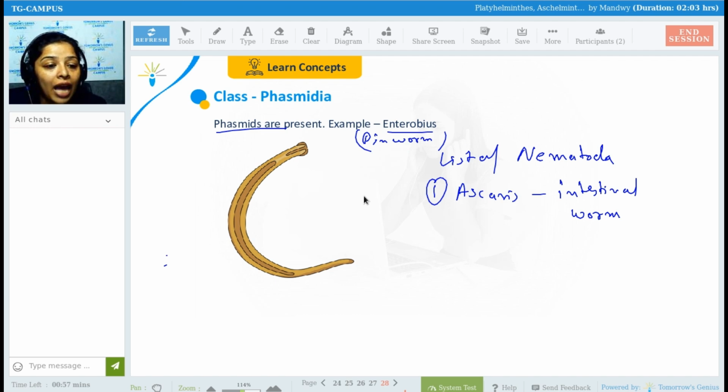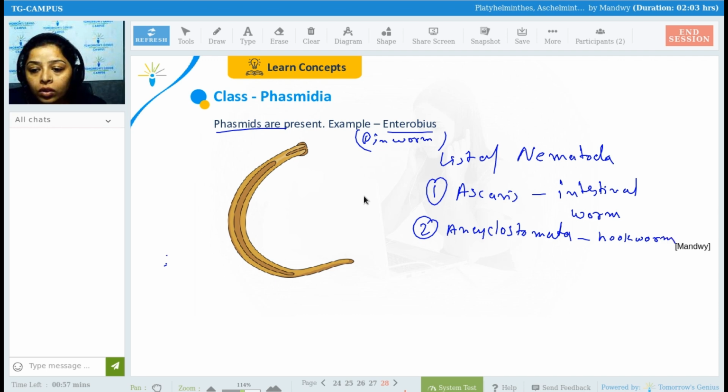Another example is Ancylostoma. Ancylostoma are the hookworm because they are having hook-like structure, hook-like shape. Another example is Wuchereria or filarial worm.